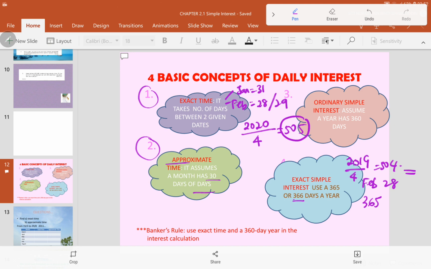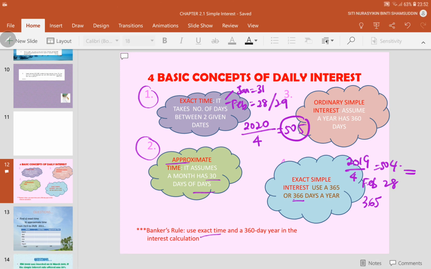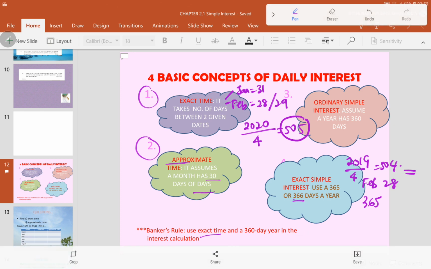So for this topic and for promissory notes, usually the question will mention the bank charge blah blah blah using bankers rule. Dia tak cakap pun exact time ke, ordinary simple interest ke, tak. Dia terus mention using bankers rule. Now bankers rule, dia apply exact time and ordinary simple interest, 1 and 3.